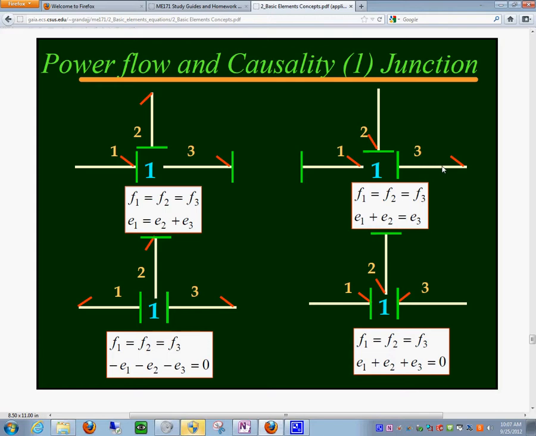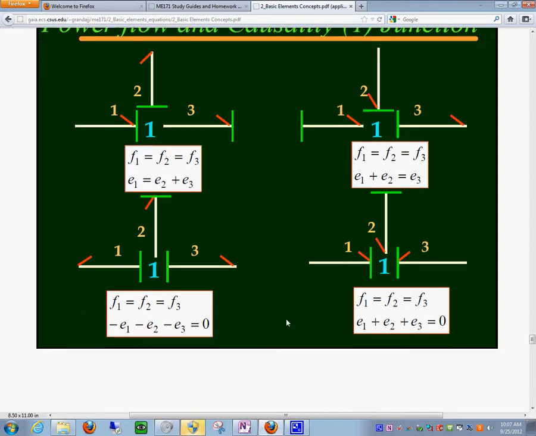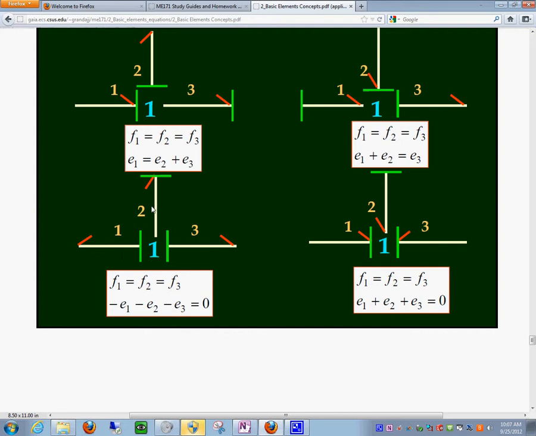See? So, yeah. Now, what about on this one? See, in here, F1, F2, F3 are the same, but all three efforts will add up to 0. And the same thing on this other right-hand side. The flows are the same, the efforts will add up to 0.